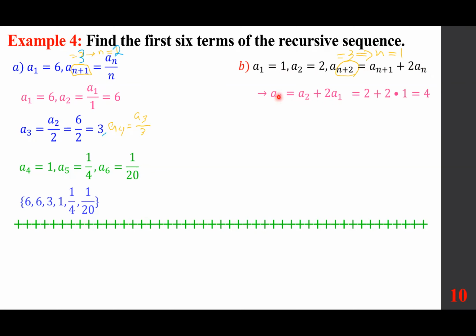We're going to do one more. We're going to look at a sub 4. Can anybody share with us the answer for a sub 4? What would be the formula for a sub 4? Anybody? How would you write a sub 4?